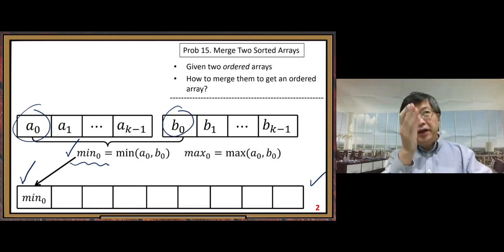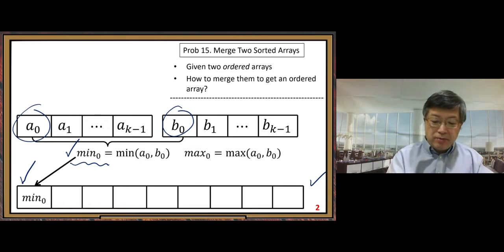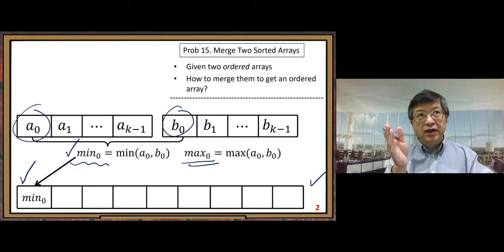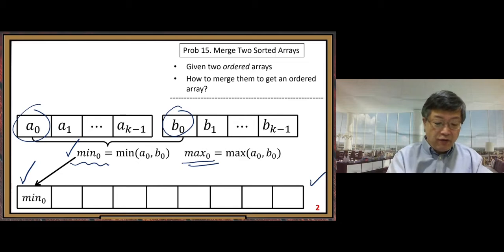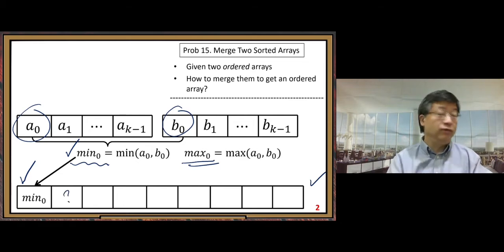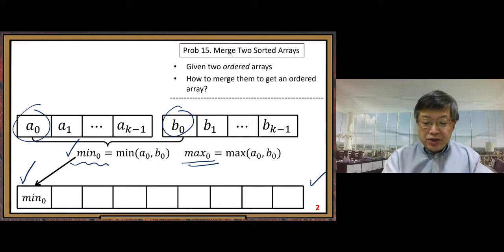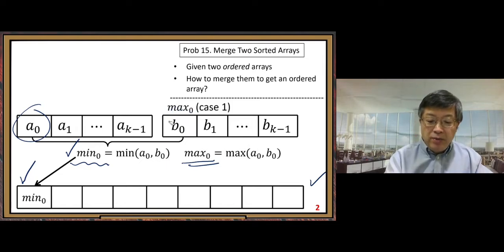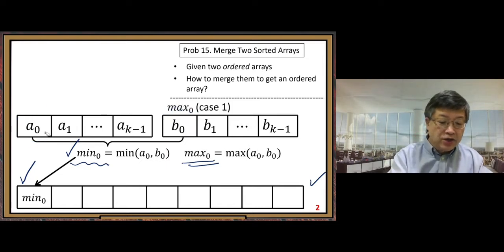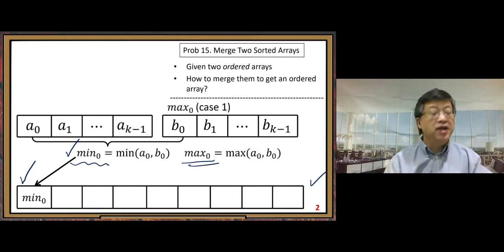For the next comparison, because max 0 is left, we cannot put max 0 in place, because we don't know if we should put it here or not. Max 0 could be B0 and also could be A0. Two cases.